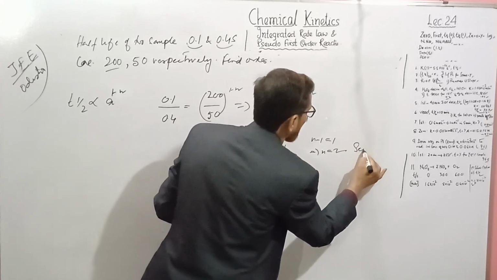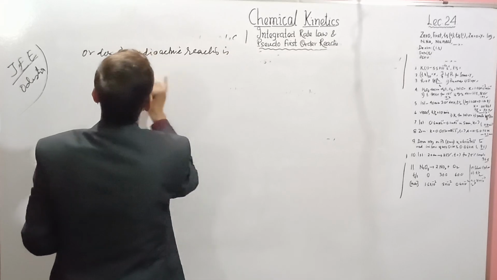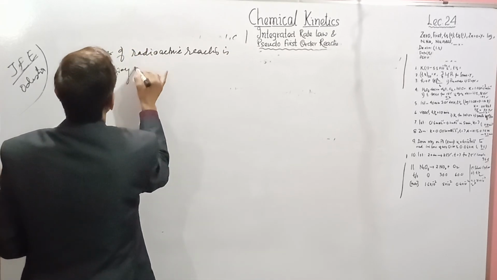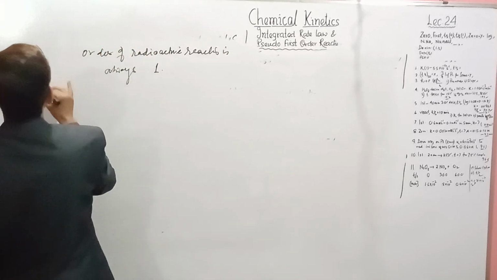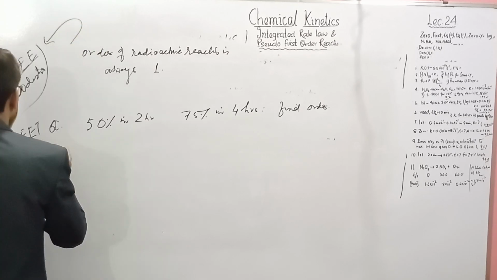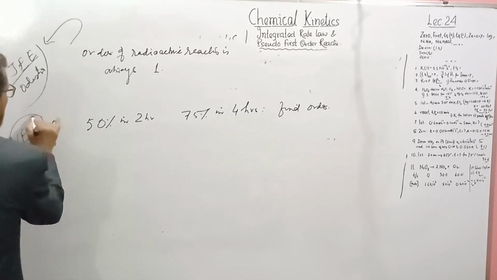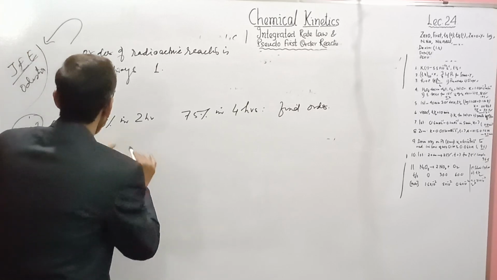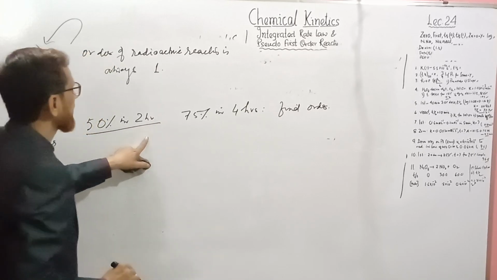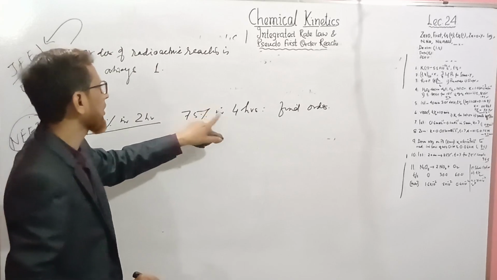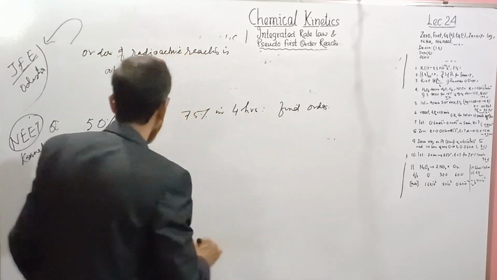So it is a second order reaction. One is always 1. And it again came in ZEE. This came in NEET. 50% in 2 hours and 75% completion of the reaction occurs in 4 hours. Find the order. Very simple.